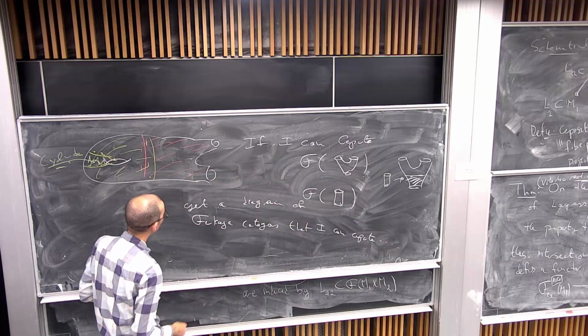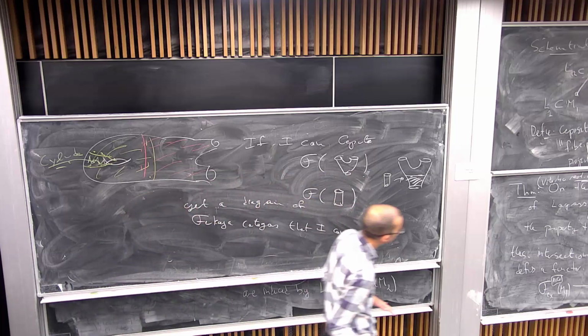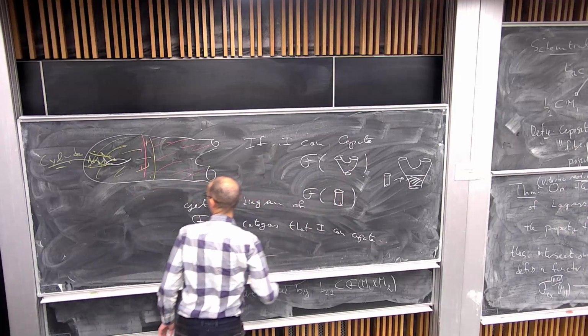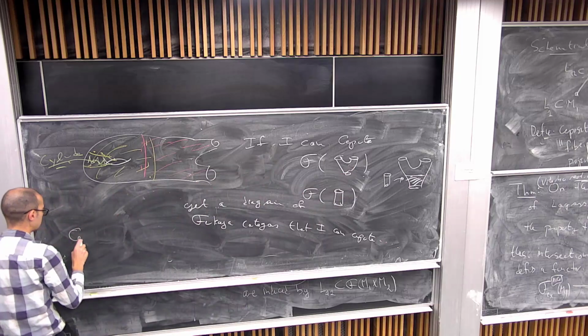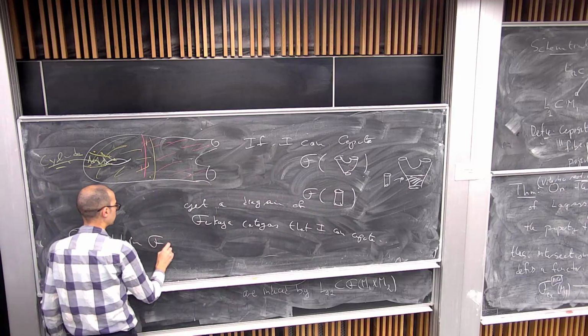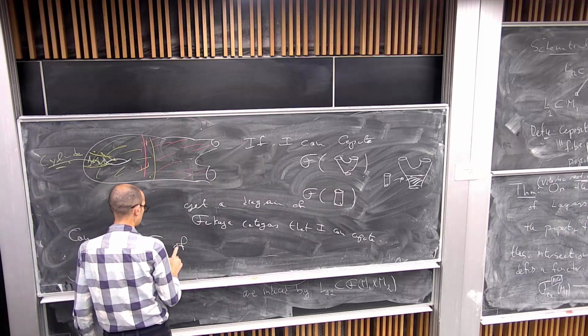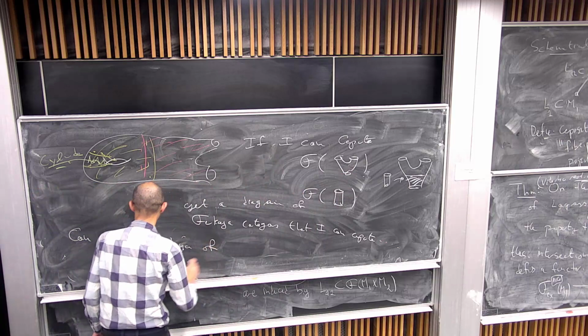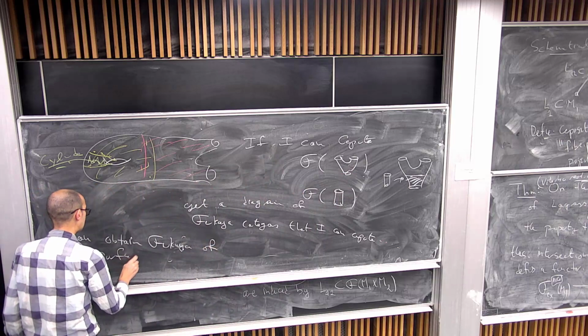And her theorem is that out of this diagram of Fukaya categories, which are just pairs of pants and cylinders, you can obtain the Fukaya category of the surface as an appropriate limit.